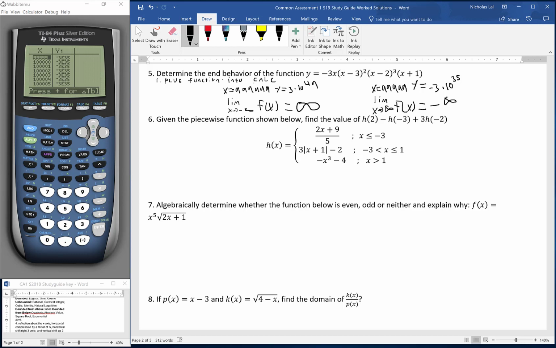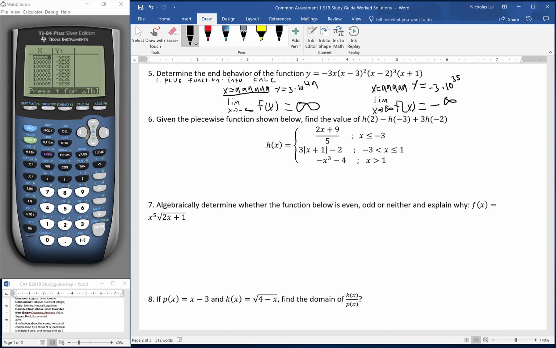So notice when x is a really large negative number, y is a really large positive number, and when x is a really large positive number, y is a really large negative number.